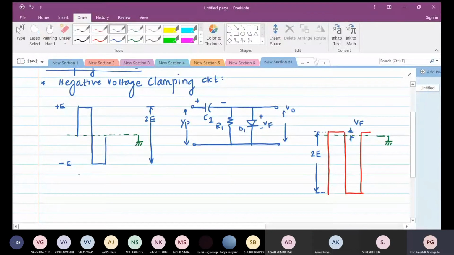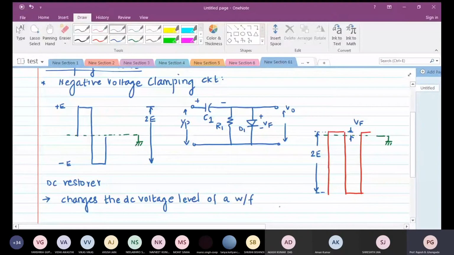So the basic idea of a voltage clamp, it is also sometimes called a DC restorer. What is the basic operation? It changes the DC voltage level of a waveform.